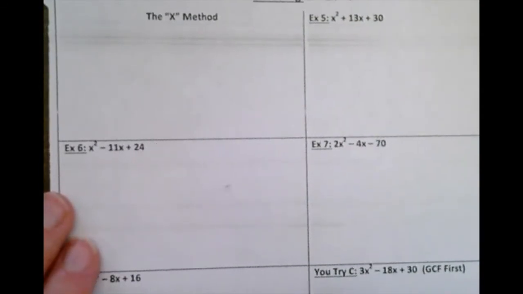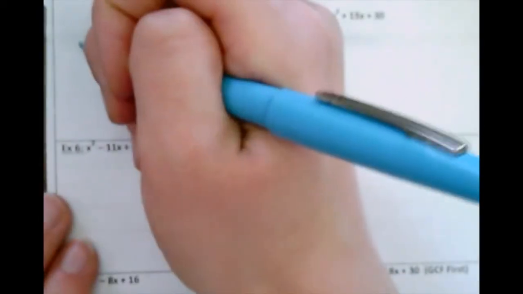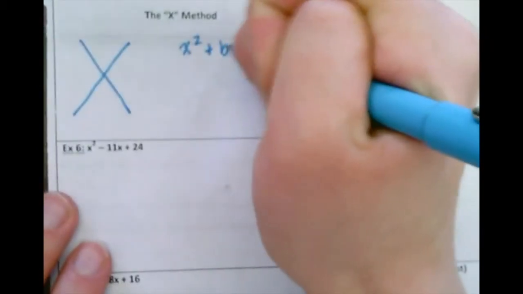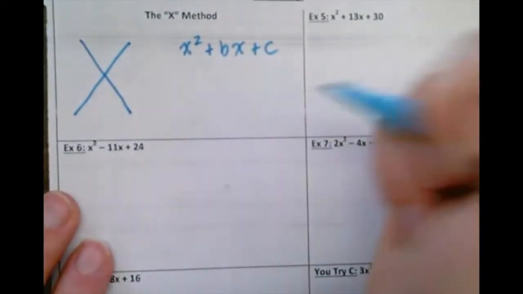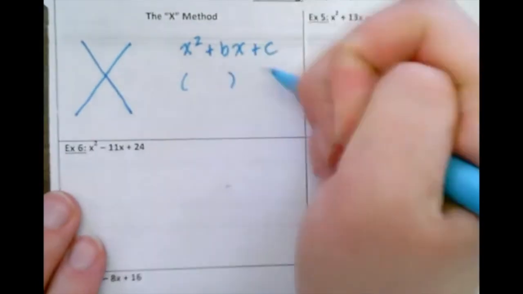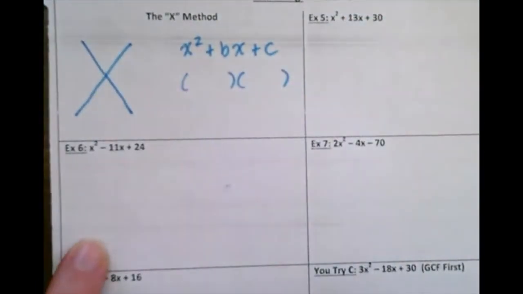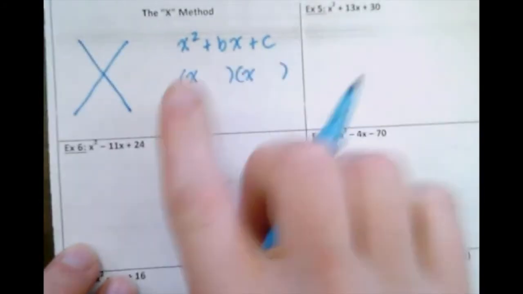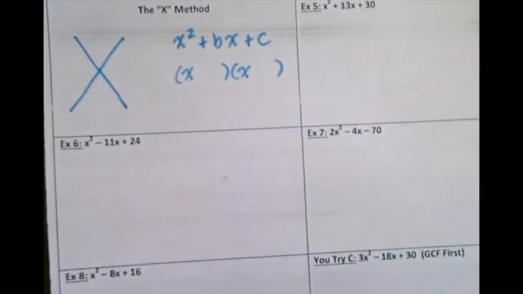And the way that I set things up is by what I'm calling the X method, where if you have a trinomial x squared plus bx plus c, and you're trying to figure out what the two factors will be, well, as we talked about in class, you're always going to have an x and an x if it multiplies to be x squared.